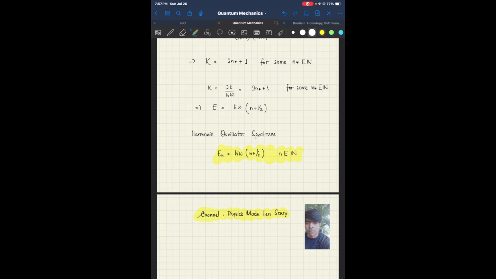So we have re-derived the harmonic oscillator spectrum using an analytic method this time, in parallel to what we did in the last lecture, where we used group theory to derive the same result. Okay, so great.